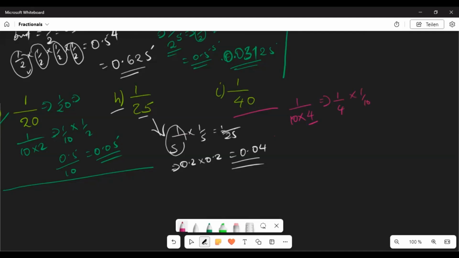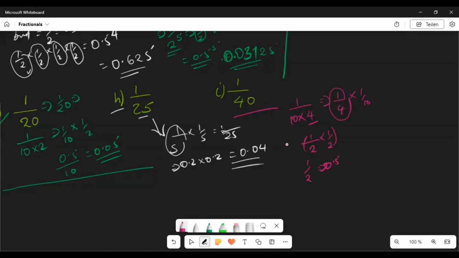But in this case now, we also know that 1 over 4 alone can be written as 1 over 2 multiplied by 1 over 2, okay? And we know 1 over 2 is 0.5.